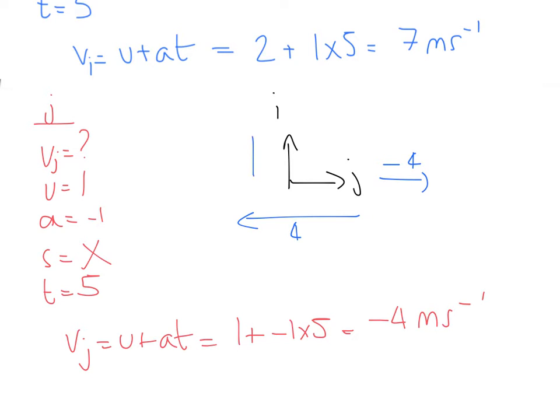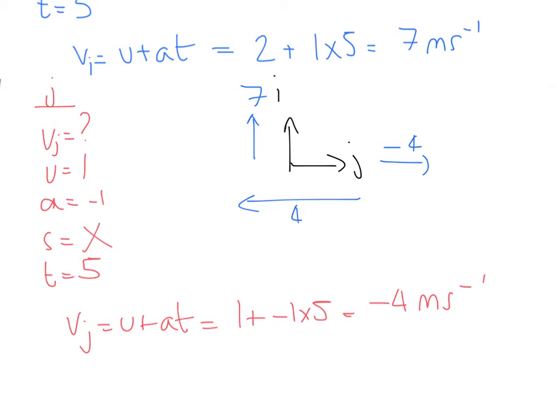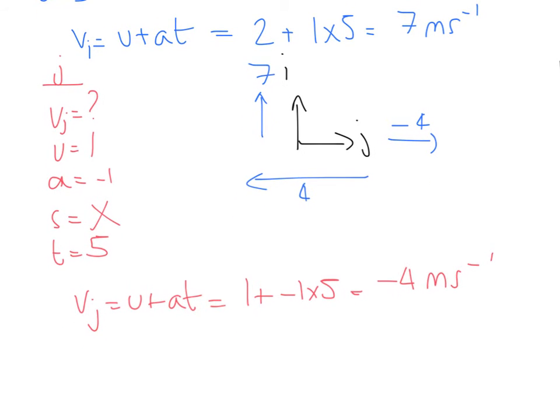And then it's also got the 7 there. So this gives you an overall, if we just scroll that up a little bit, means the velocity is going to be 7i minus 4j. And that gives you your overall look at the velocity after that time has elapsed. Okay, so that's that.